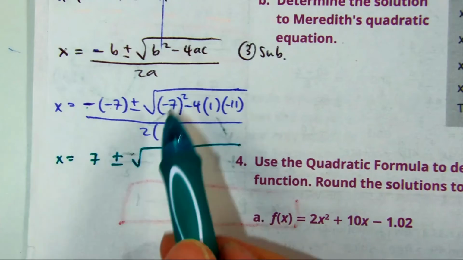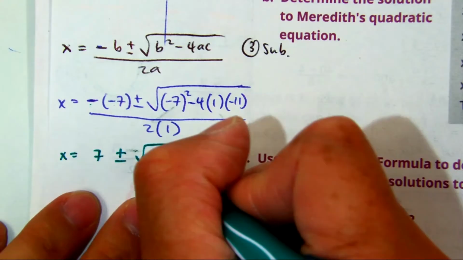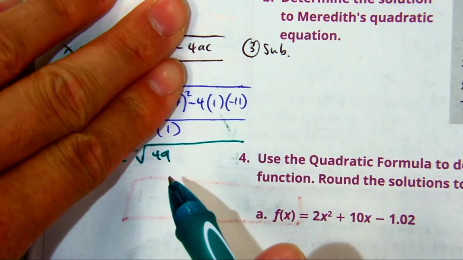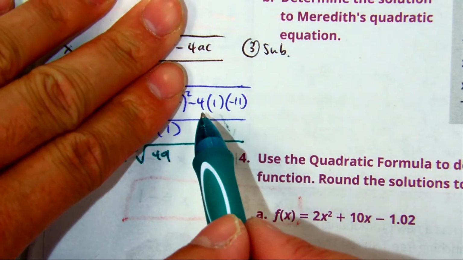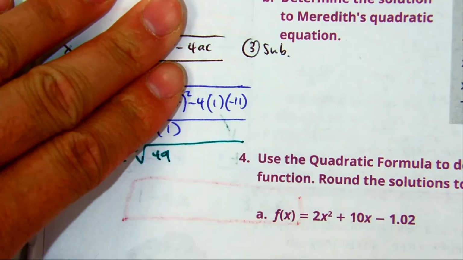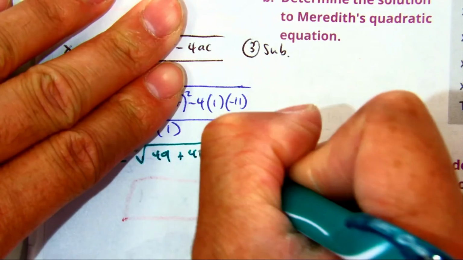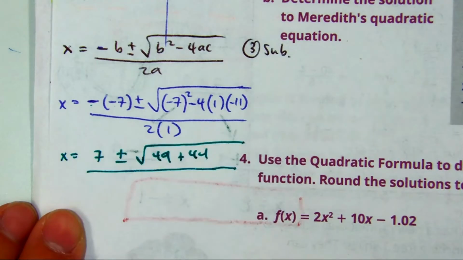Negative 7 squared. Negative 4 times 1. Positive or negative? And negative 4 times negative 11. And Alejandro, 2 times 1. 2.